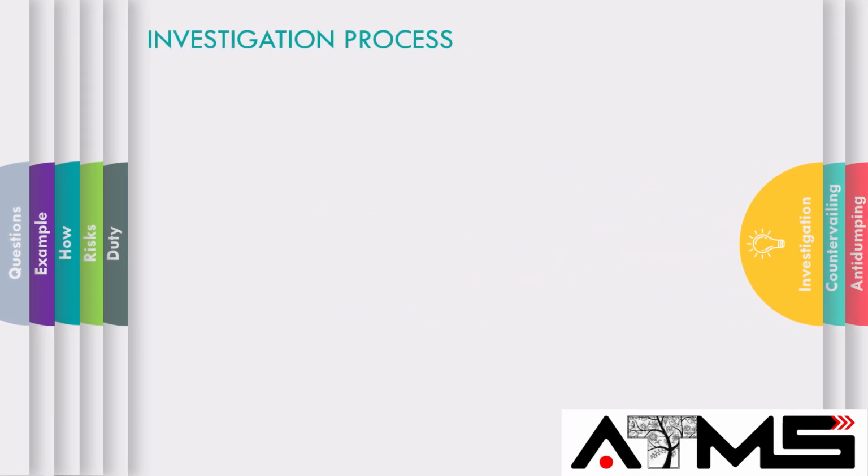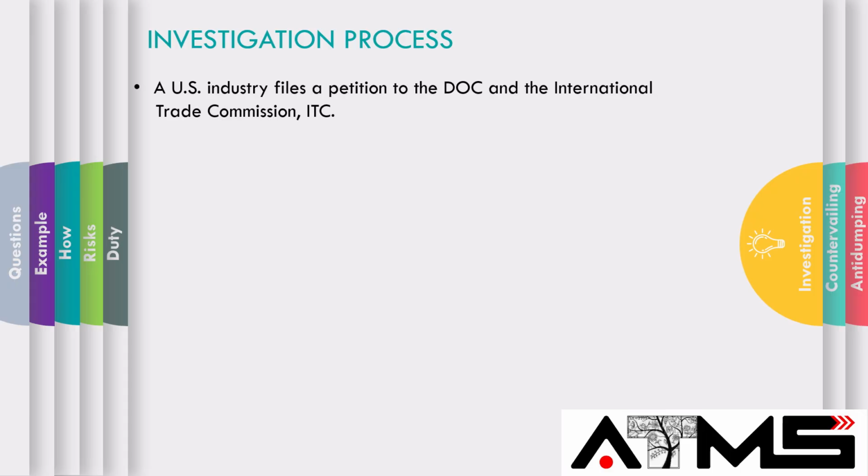The investigation process of AD or CVD works like this. It usually begins when a U.S. industry files a petition with the Department of Commerce and the International Trade Commission, which is ITC.